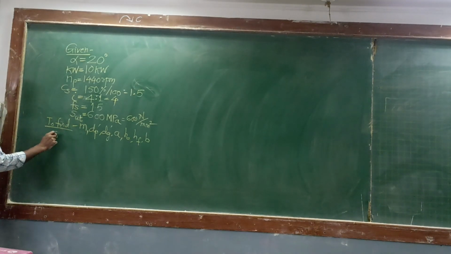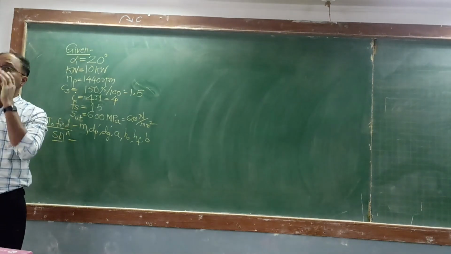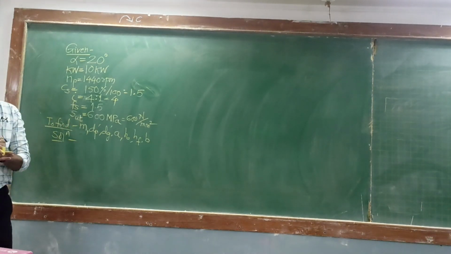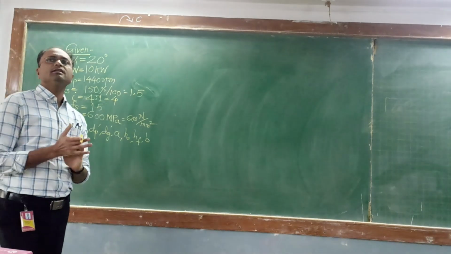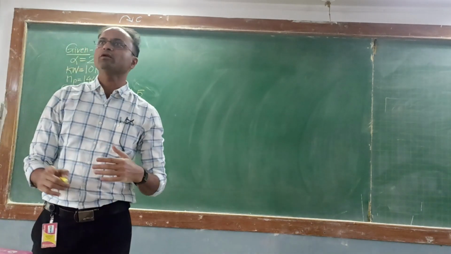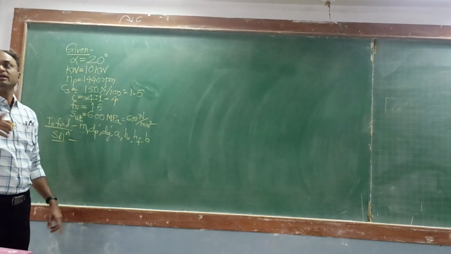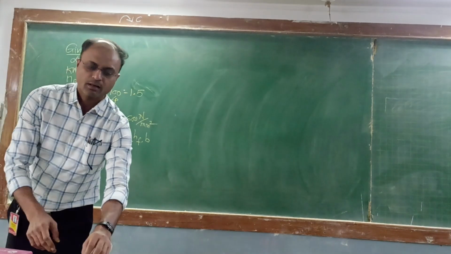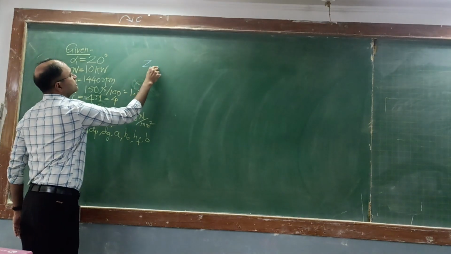Solution. Whenever we have to design the gears, and if number of teeth are not given, we have already seen one formula for minimum number of teeth. Z minimum is the minimum number of teeth on the pinion or gear.